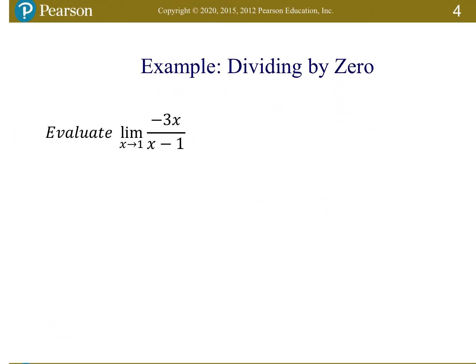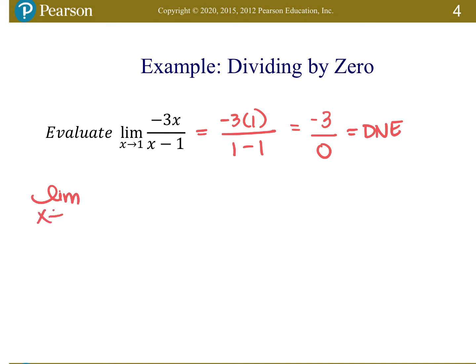All right, so here's an example. If you try plugging in 1 and you do it numerically, you're going to get negative 3 times 1 over 1 minus 1, which is negative 3 over 0. Okay, that doesn't exist. And so instead, we evaluate either side of this.